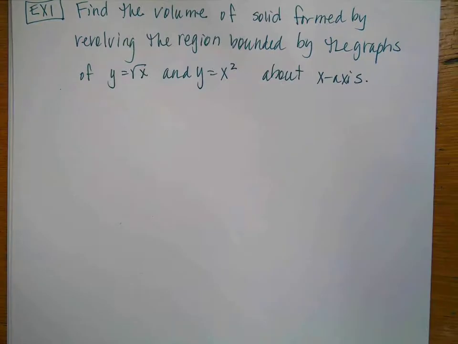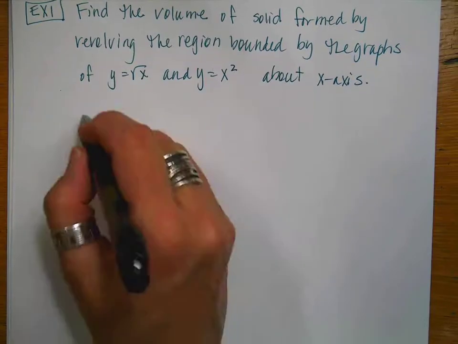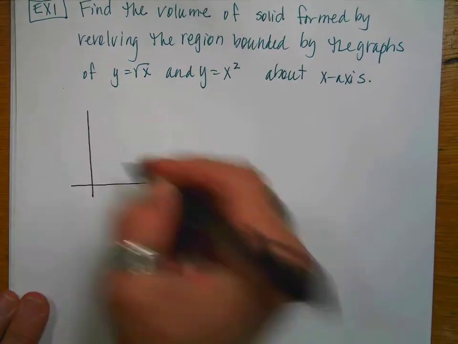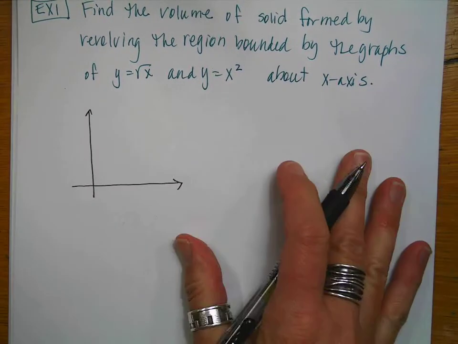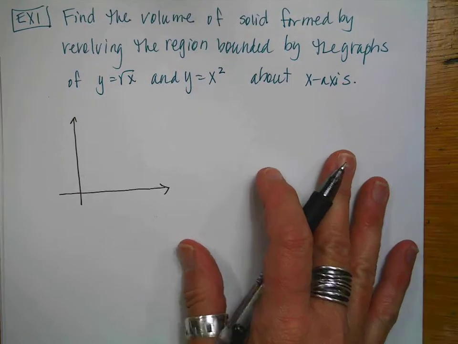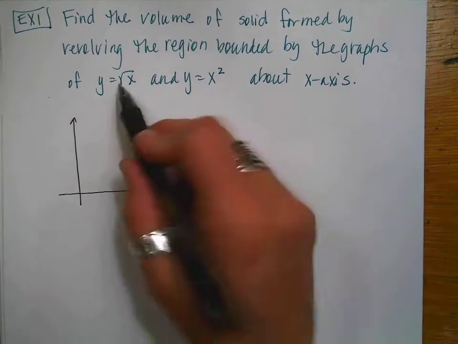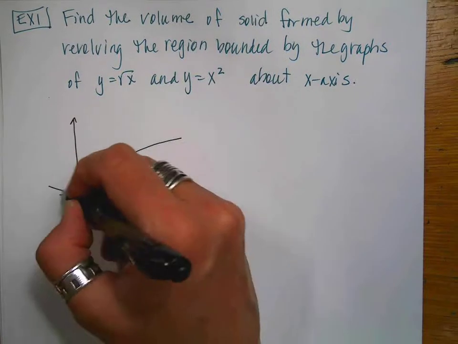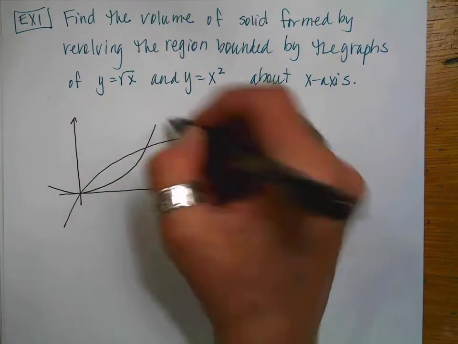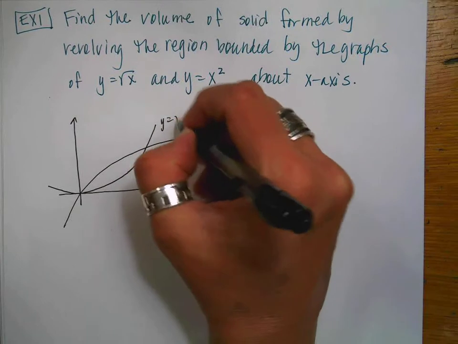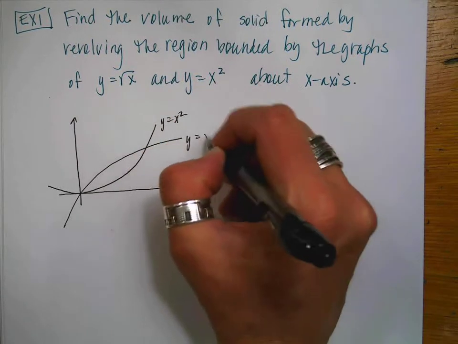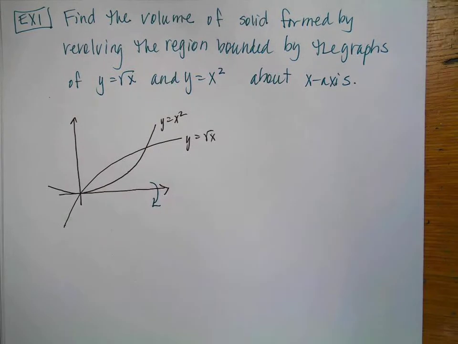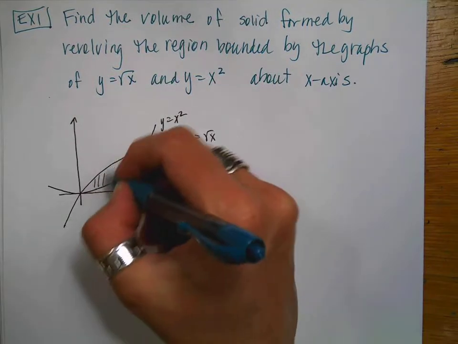Alrighty, so I'm going to draw my image because it's always important to see what we're looking at. I'm sorry, I can't sketch these for you. So I have y is equal to the square root of x, that is that curve, and y is equal to x squared is that curve. I'm going to be revolving about the x-axis.